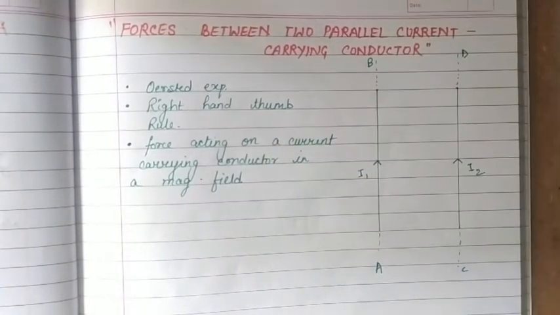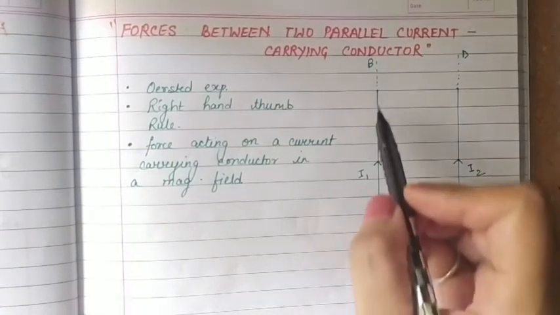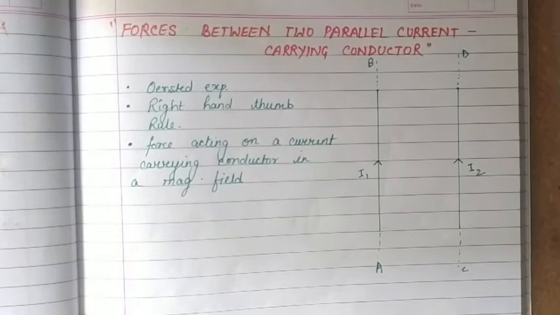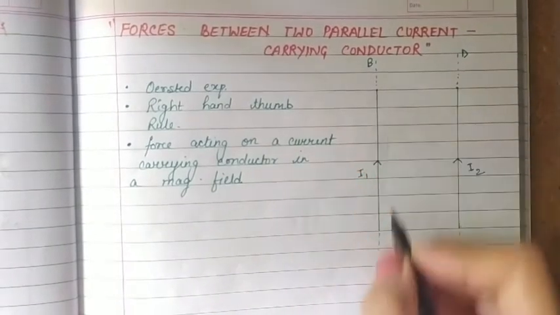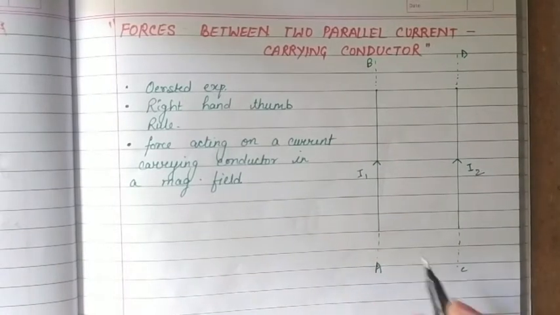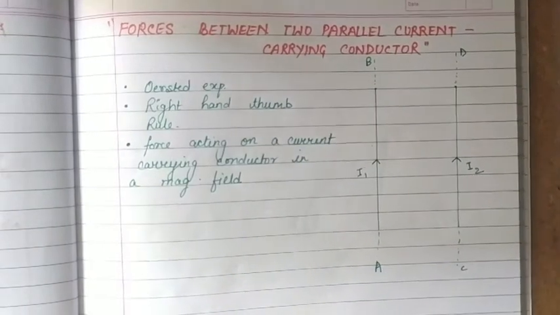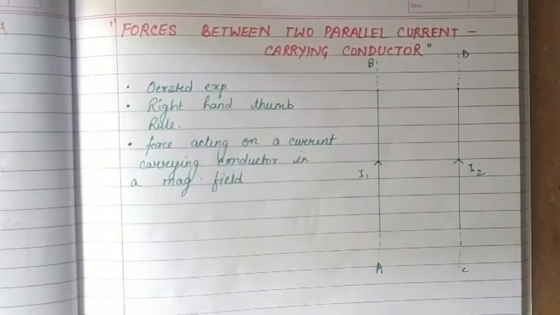Alright, let the magnetic field that is produced by the conductor AB be B1. So B1 is the magnetic field because of the conductor AB, that is the first conductor we consider, and it gets set up around the region of AB.